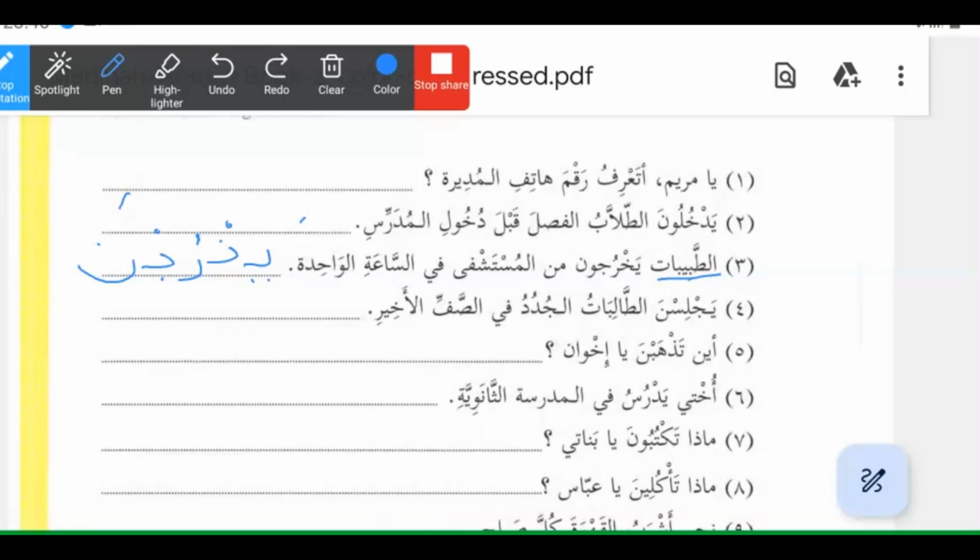يجلسن طالبات الجدد في الصف الأخير. يجلسن طالبات. Again, طالبات means it is female jama, but it is third person because we are talking about them. يجلسن, the new female students sit in the last row في الصف الأخير.